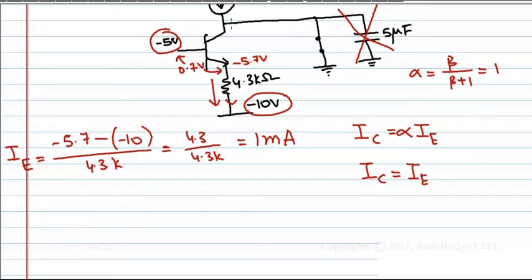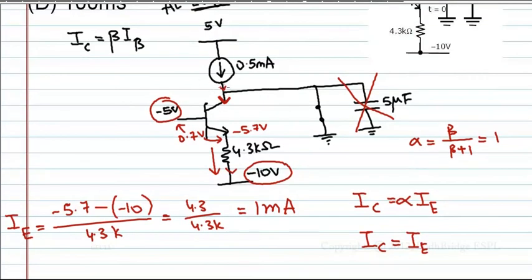So what is IE here? This is not IC, this is IE. People think it is IC, but IC is the current that is coming into the collector exactly. That is how much? 1 milliampere. Now 1 milliampere is coming through this point, and from here 0.5 milliampere.